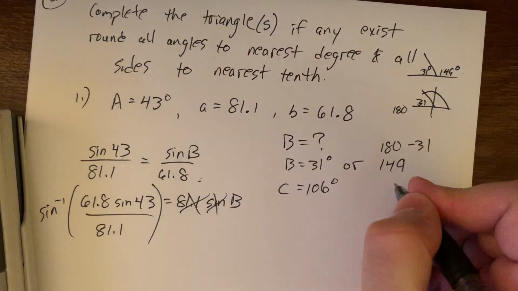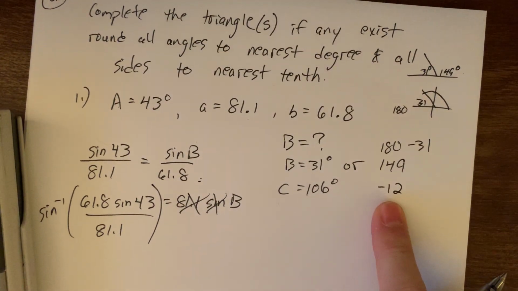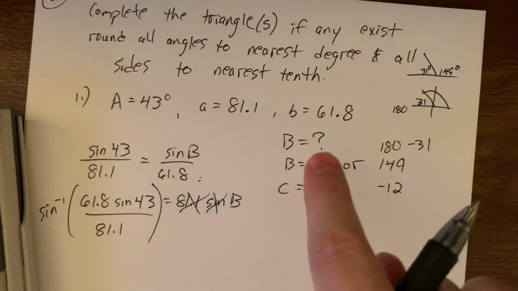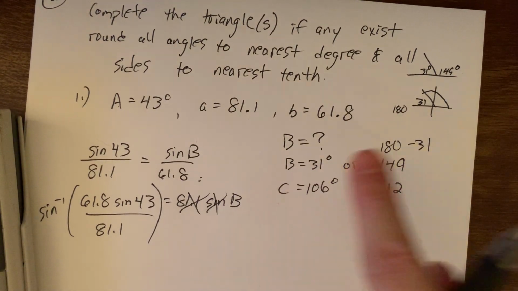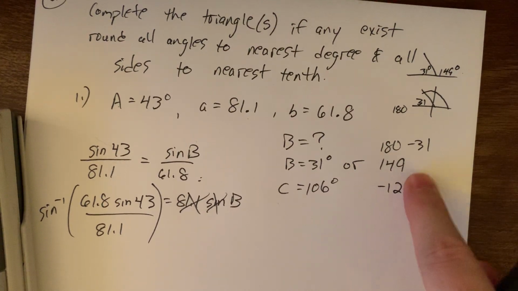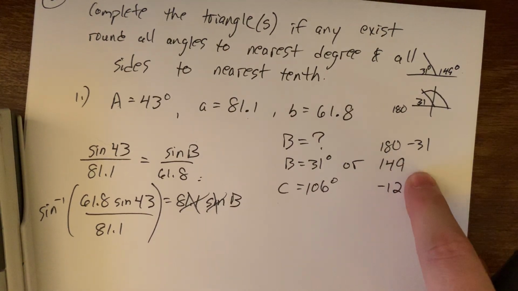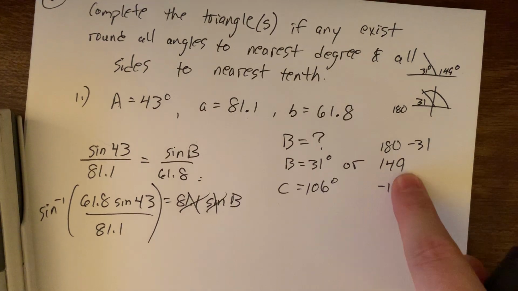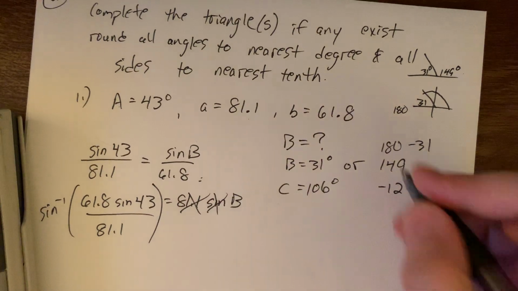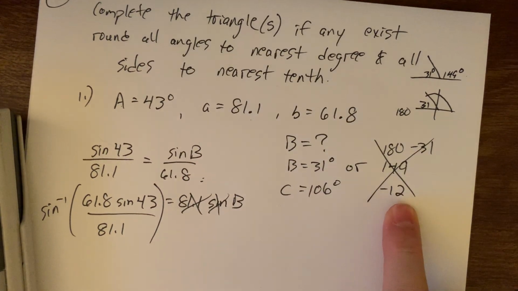So that's the problem. You got the first answer for angle B, so this is guaranteed. But now, here's the problem. We tried to think about a second possibility for angle B, and initially it looked like there was no problem, but then taking that second angle for angle B gave us a negative for angle C. This is all garbage.